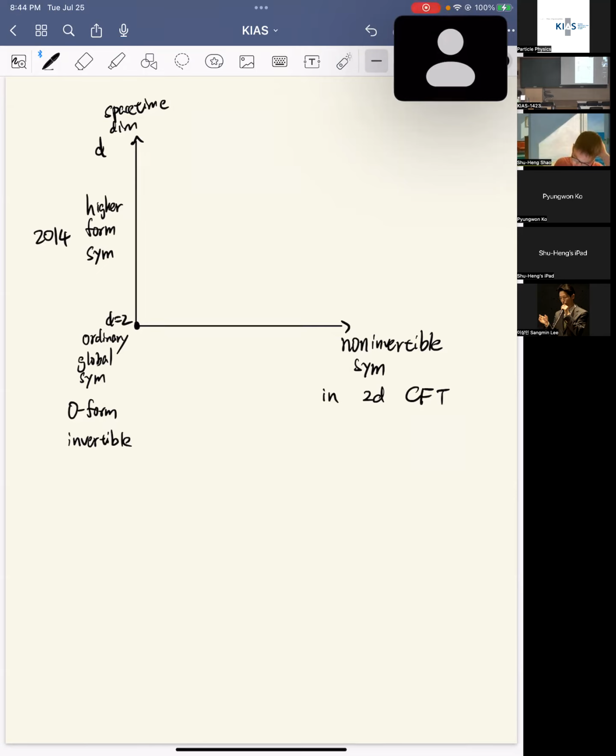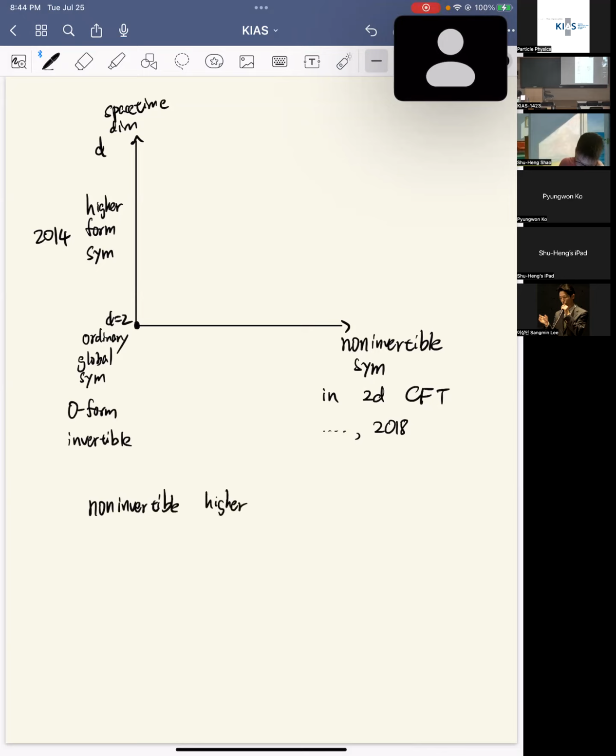But for a while, and let me say, it has a long history, and there has been a lot of development since 2018. But for a long time, these two developments or generalizations of global symmetry seemed to be orthogonal to each other. There are some non-invertible higher form symmetries, but I'm not going to say too much about them.